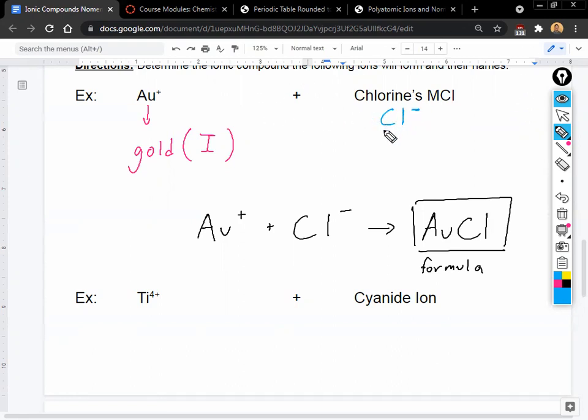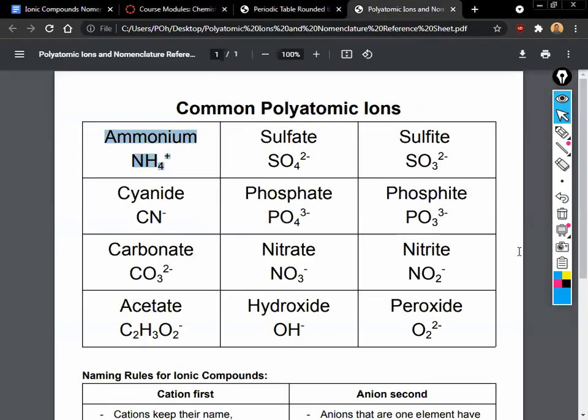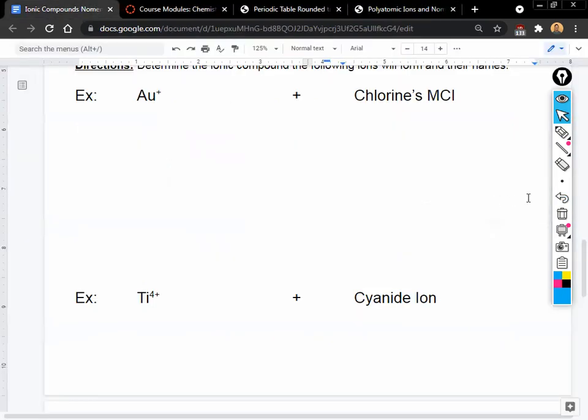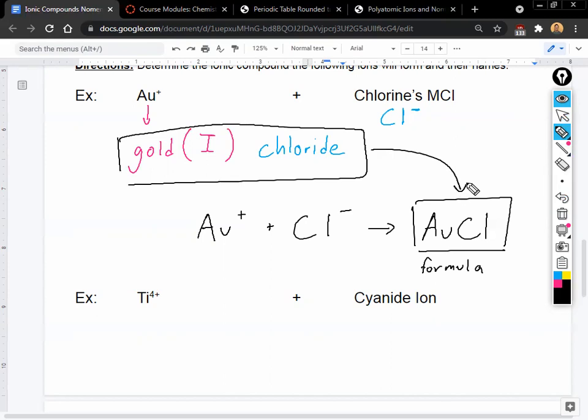Chlorine is one element because if you look at the polyatomic chart, do you see chlorine on this? No, there's no chlorine, so it's not polyatomic. So it's one element, and if it's one element, we have to change the ending to -ide. So it's going to be chloride. And there you go. That's the name. So the name of this chemical, AuCl, is going to be gold(I) chloride.